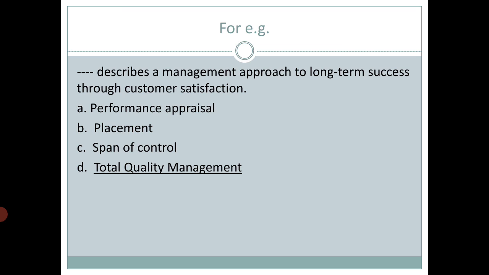Customer satisfaction is a goal of which management technique? Total quality management. Here you need to know the other options also. If you are not aware of the meaning of the other options, you might get confused.